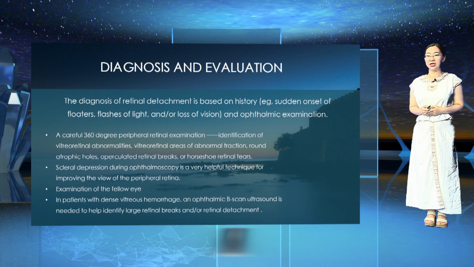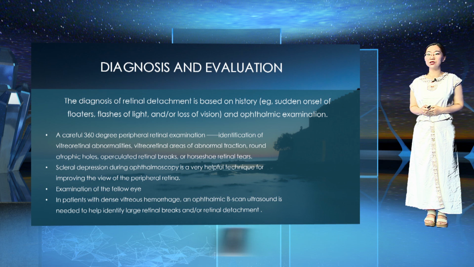Peripheral retinal examination allows identification of vitreoretinal abnormalities, areas of abnormal vitreoretinal traction, round atrophic holes, or horseshoe retinal tears. Scleral depression during ophthalmoscopy is a very helpful technique for improving the view of the peripheral retina.